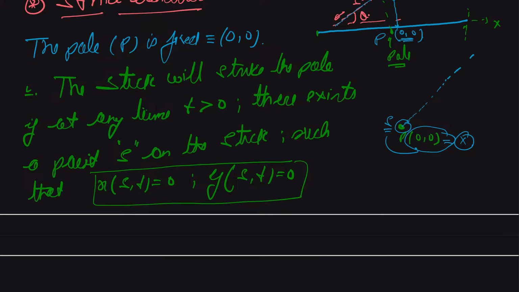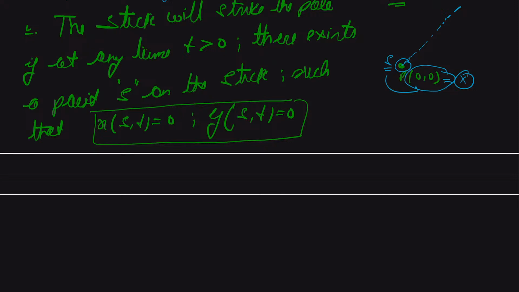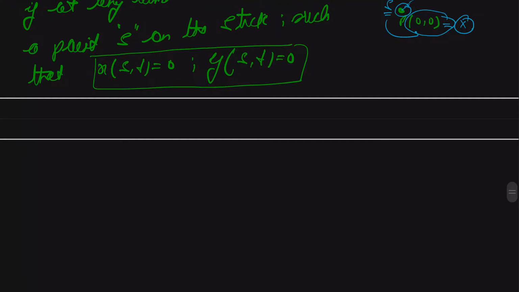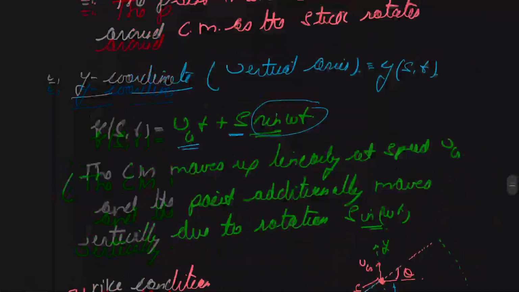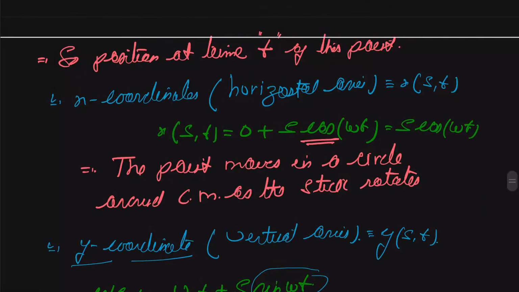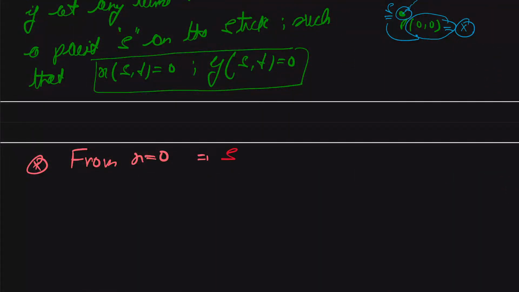And we are going to test this condition, whether we first put x equal to 0, then later on we put y equal to 0. So let us examine these conditions. From x equal to 0, and we already have our x coordinate equation, that is s cos of omega t, therefore s cos of omega t is equal to 0.